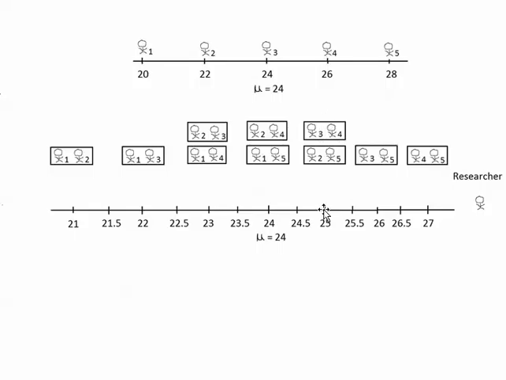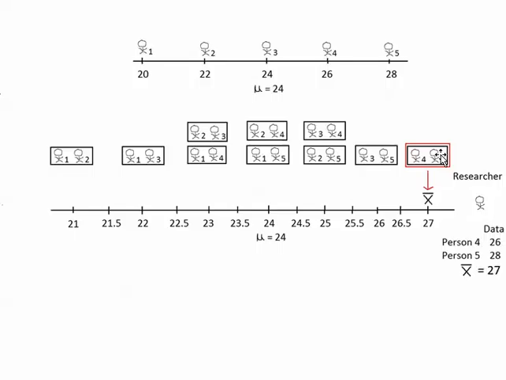So when I randomly select my sample of 2 people, one of these possible samples will end up being my actual sample. So maybe I end up selecting person 4 and person 5, and I end up recording their ages, and my sample mean ends up coming out to 27.